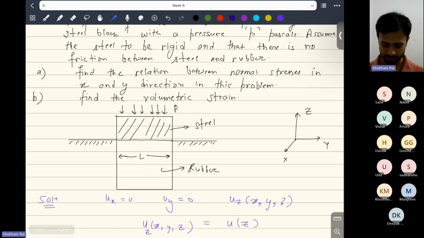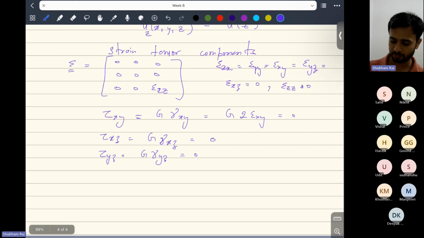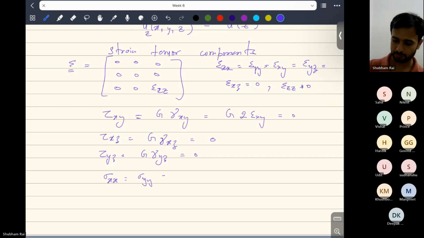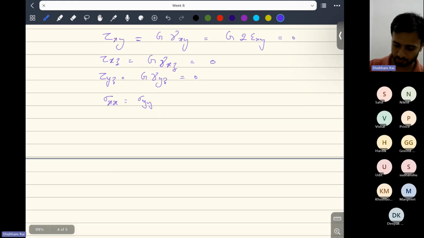The block cannot move in the x or y direction, so the x and y directions will experience equal reaction forces, and those reaction forces will lead to traction and then normal stresses. Same traction, same normal stresses. So sigma xx will be equal to sigma yy.